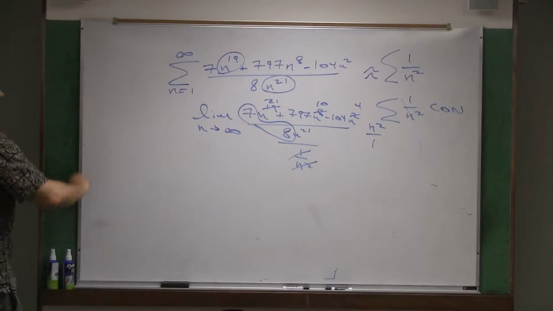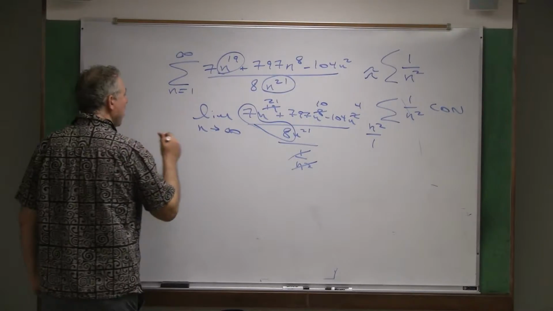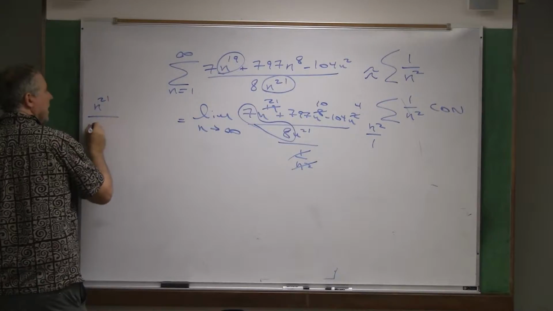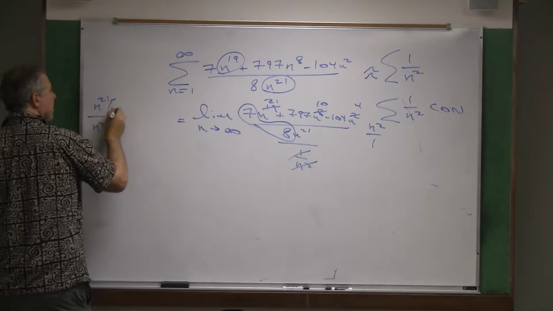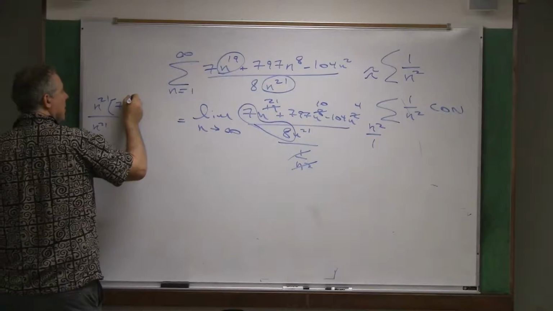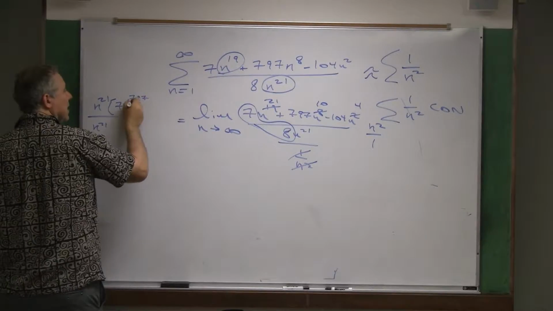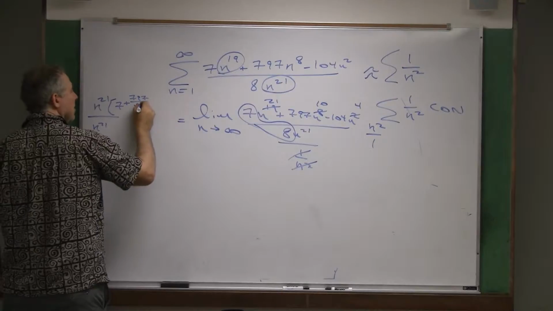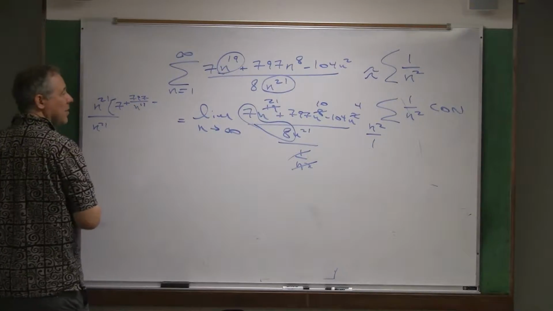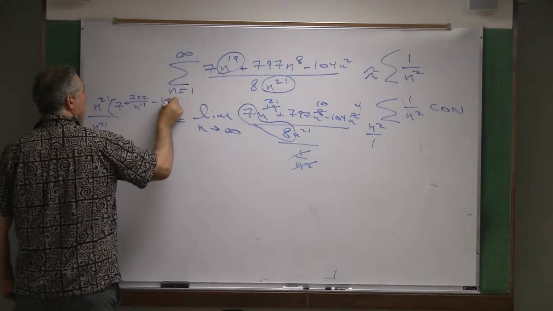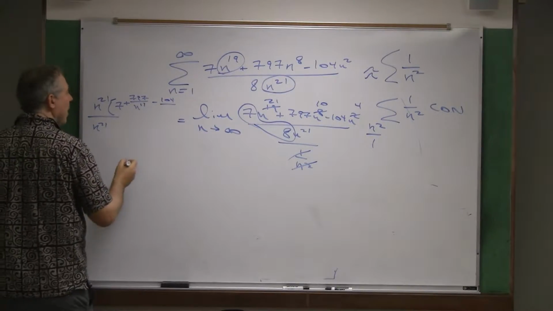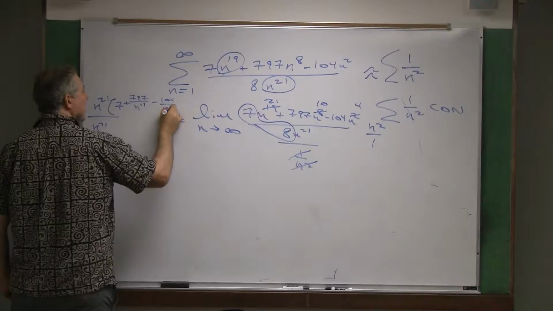Because you just factor out the n to the 21, right? So you get an n to the 21 and an n to the 21, and here you have the 7 plus 797 over n to the 11th, and you're subtracting the 104 over n to the 17.